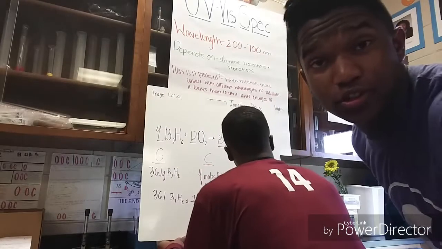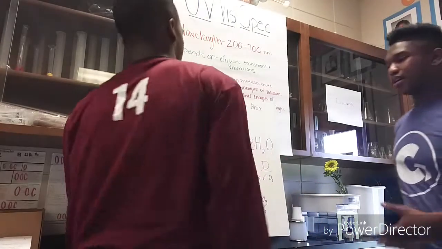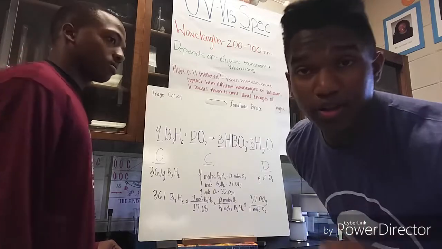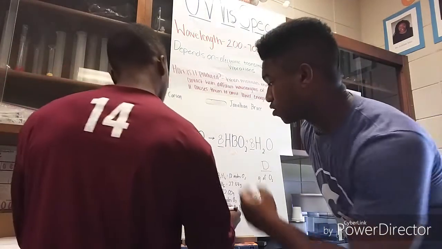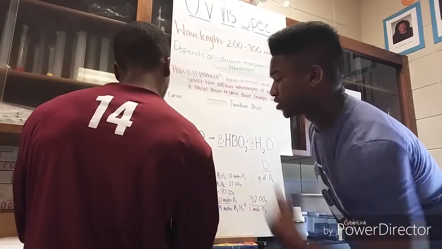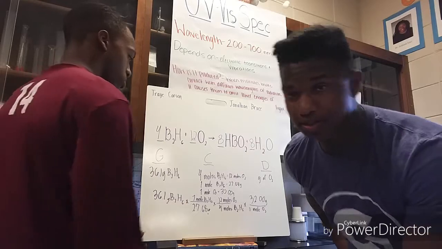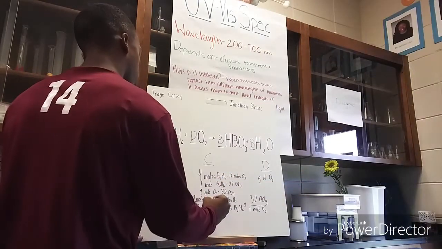Now that we've finished doing the work, we finally see what our unit cancellation looks like. We have everything worked out, but we want to cancel our units so we don't get confused when we're doing the math. We have 36.1 grams of B2H6 and 27.68 grams of B2H6. Since that's on the bottom and that's on the top, you're going to slash those two units out.